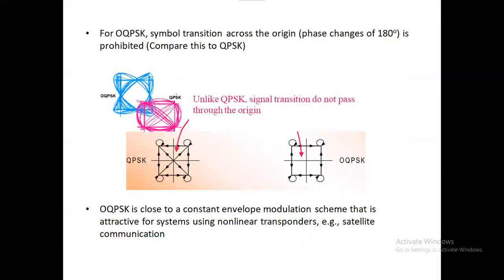So if you see the transitional waveform over the constellation plot, we have the OQPSK having only 90 degree transitions from each symbol to symbol, and this helps non-linear power amplifiers, and that is useful for satellite communication.